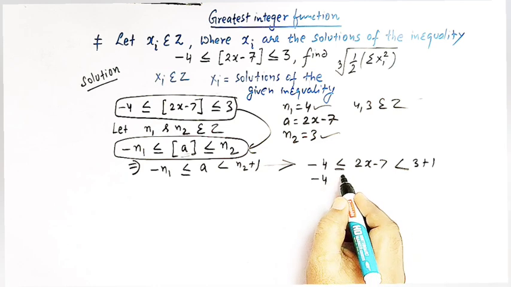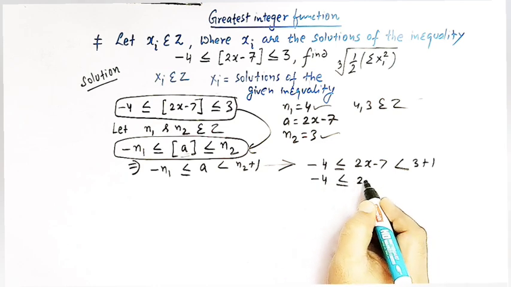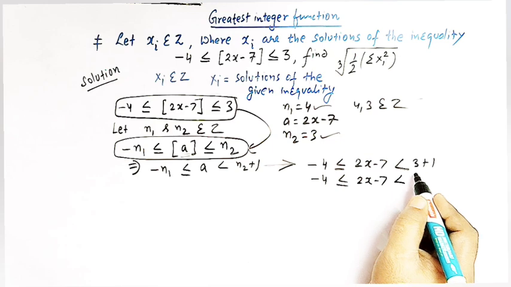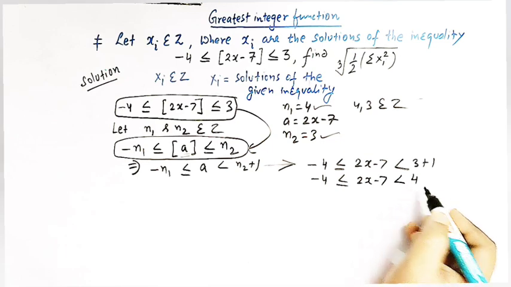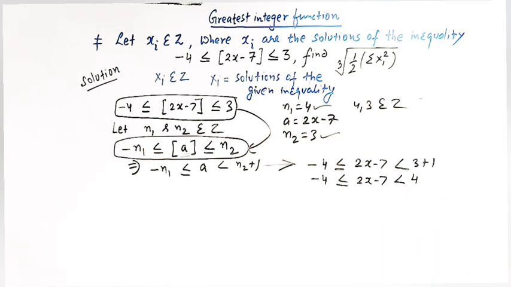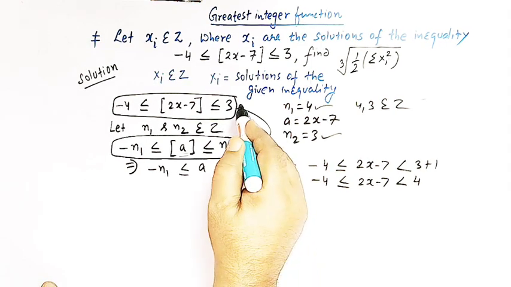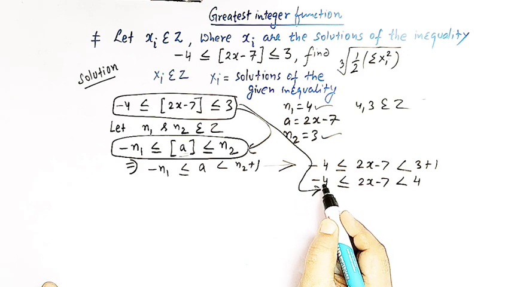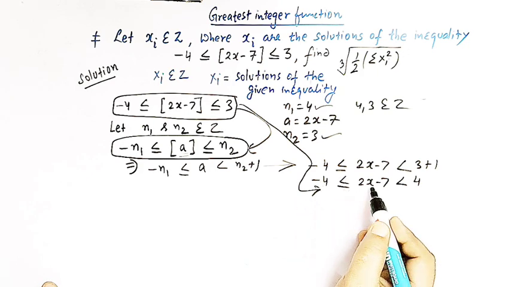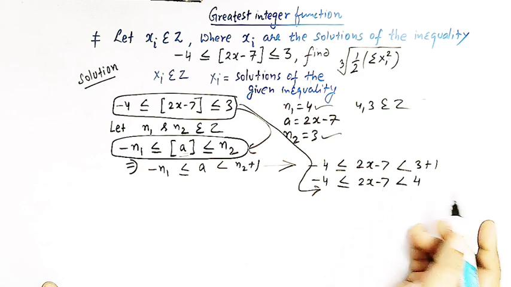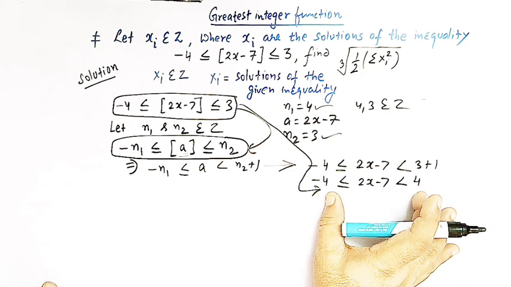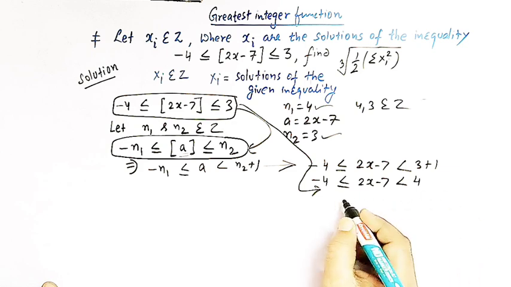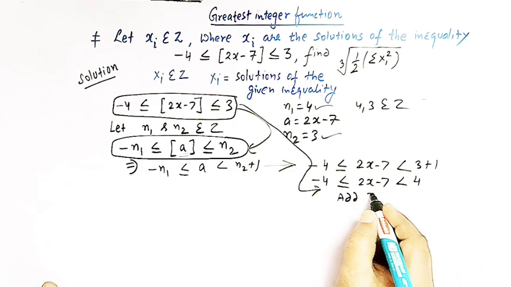So now we have minus 4 less than or equal to 2x minus 7, that is less than 4. So now this inequality implies this one, that is minus 4 less than or equal to 2x minus 7 less than 4. Now to solve this inequality, we'll add 7 throughout.